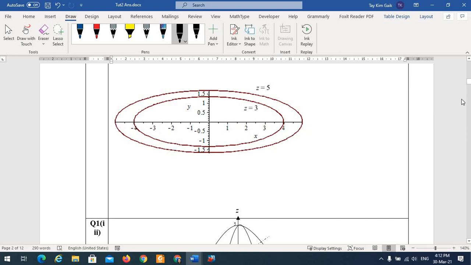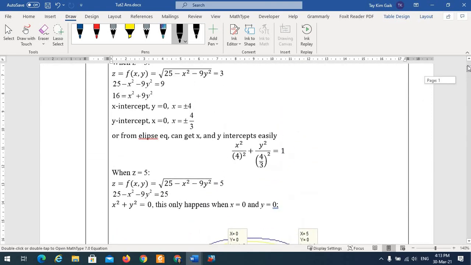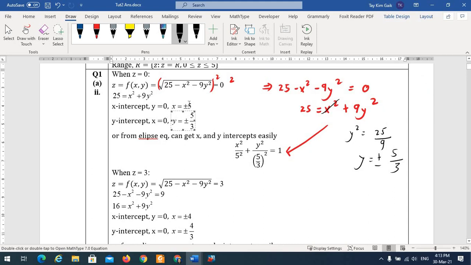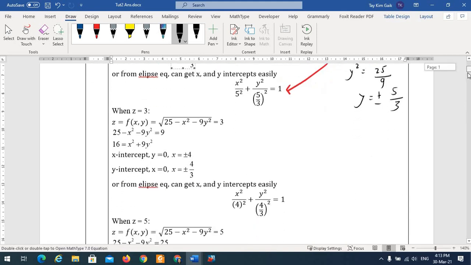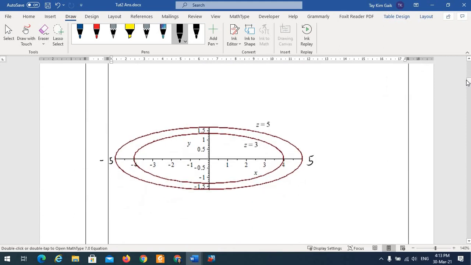When y is 0, x is negative 5 and positive 5. When x is 0, at the y-axis, y is positive negative 5 over 3. This value is positive 5 over 3, this one is negative 5 over 3. So this is the ellipse.